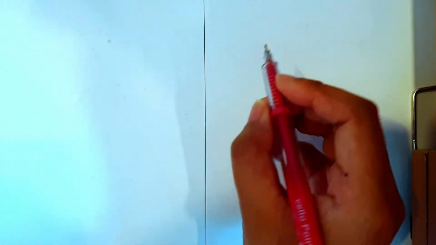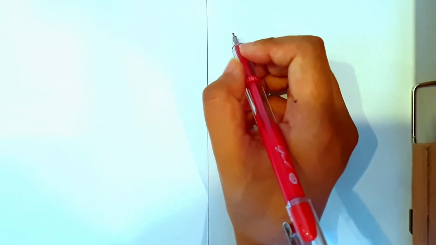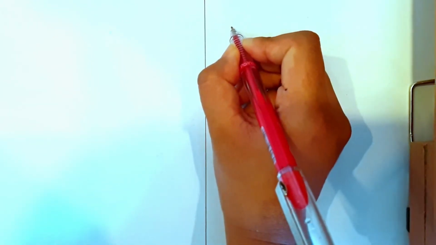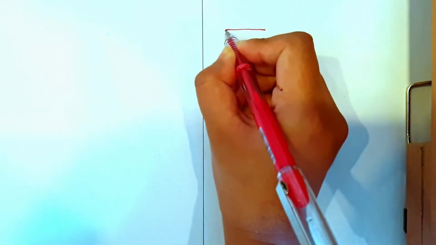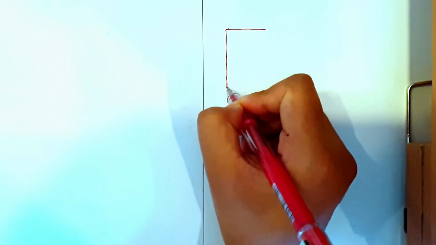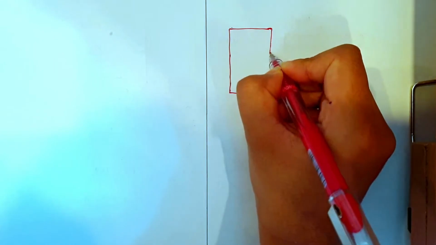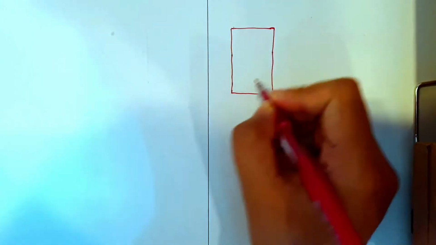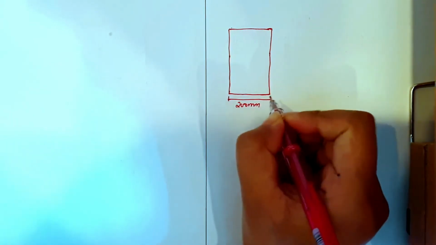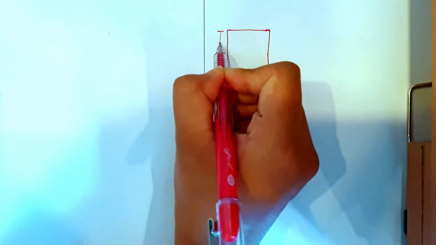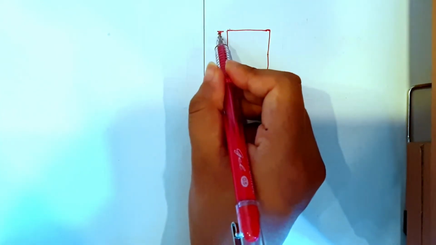For this numerical also, a timber beam of 200 mm wide and 300 mm deep is given. So it is 200 mm wide and 300 mm deep. So this is 200 mm wide and its depth is given equal to 300 mm.